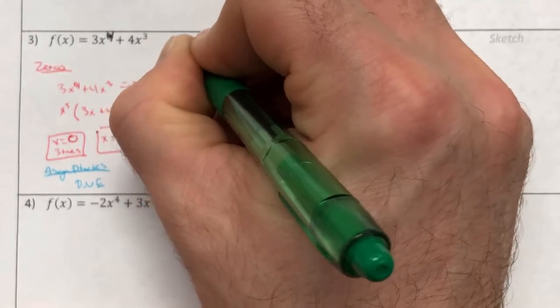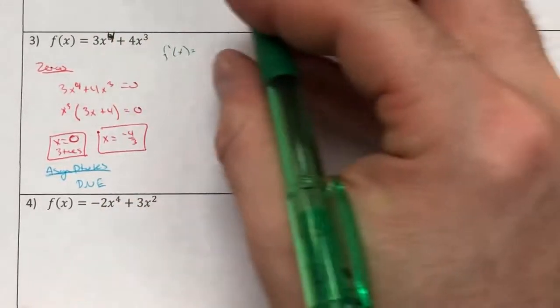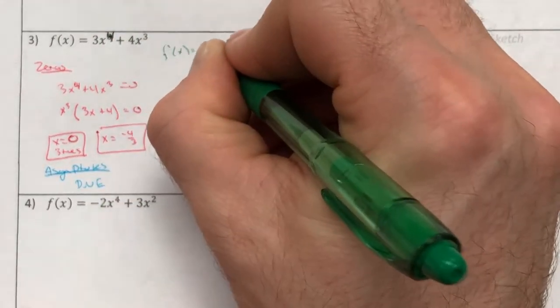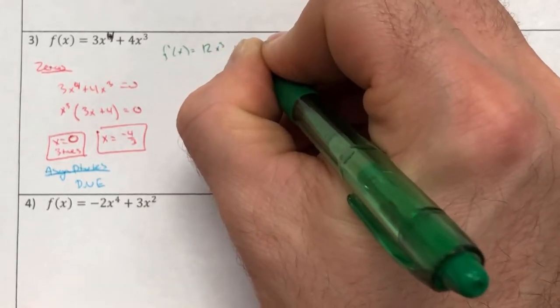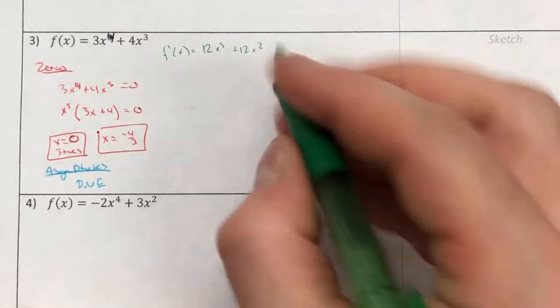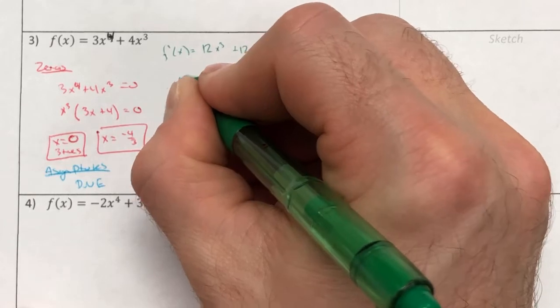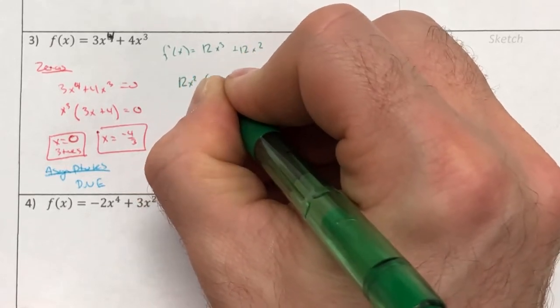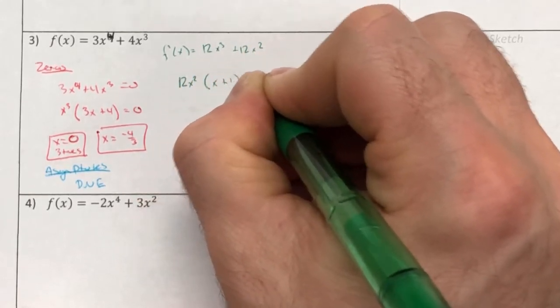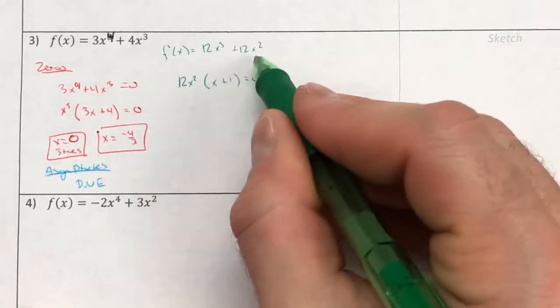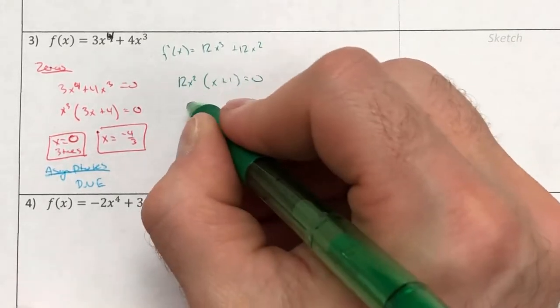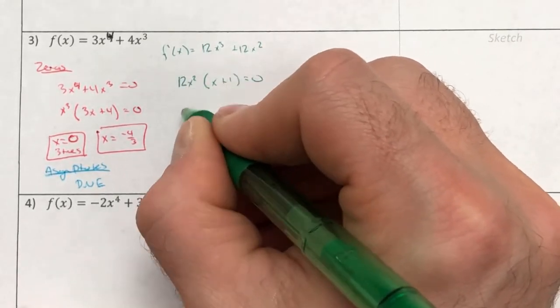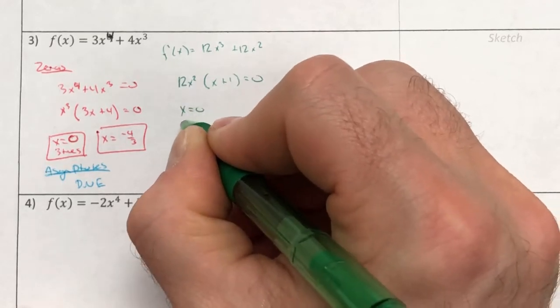So if f of x, we're going to go ahead and do the power rule here. So 12x cubed plus 12x squared. I'm going to set that equal to 0. I immediately already went ahead and factored out a 12x squared, which means that if I set this, I'm going to have x equals 0 twice.